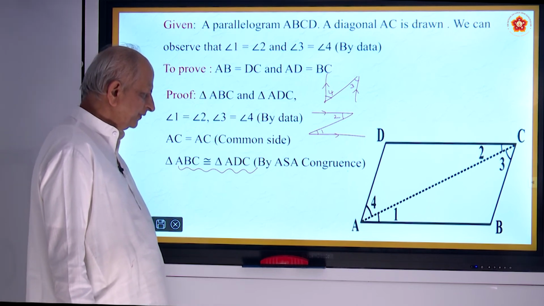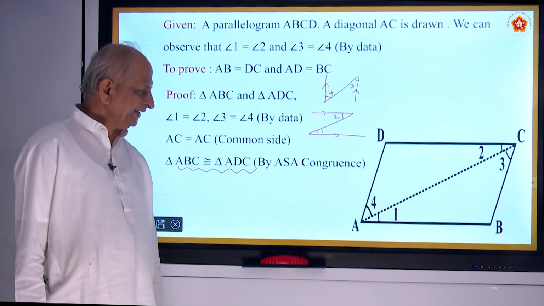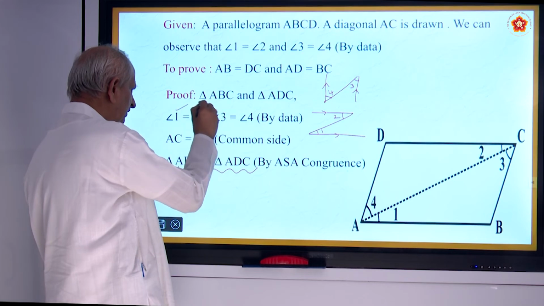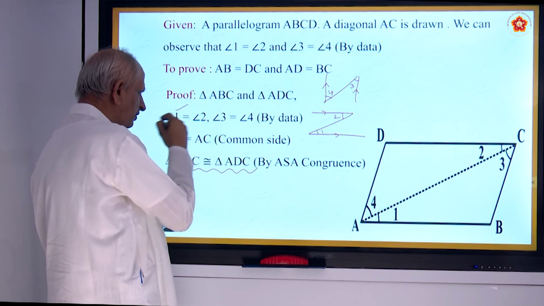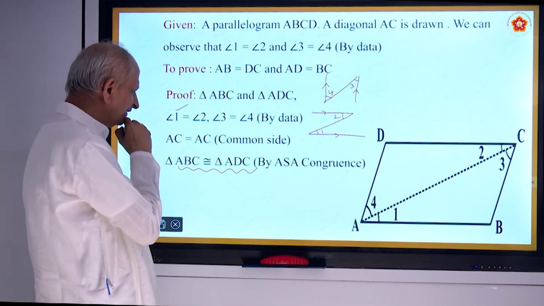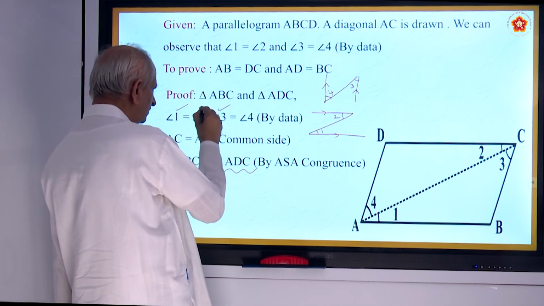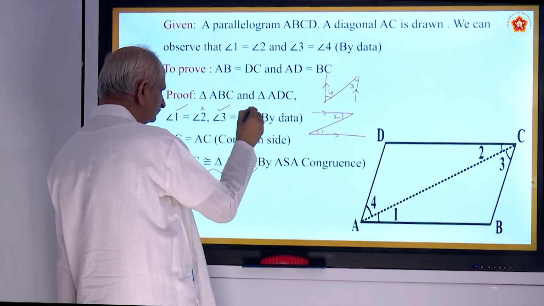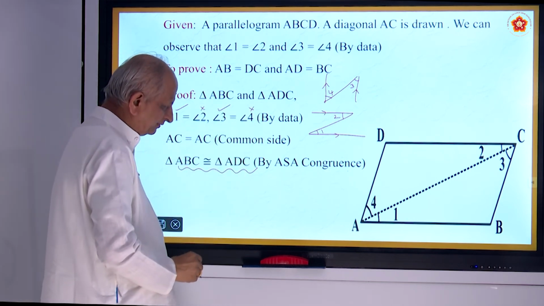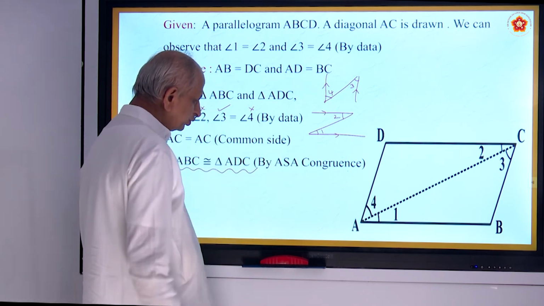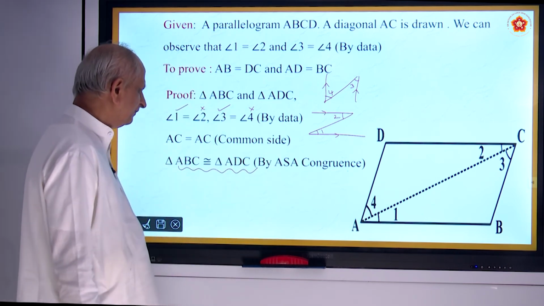By which congruency? ASA. See, angle 1 is equal to 3. So, ASA means what? Two angles and one included side of one triangle are equal to the other two angles and corresponding side.